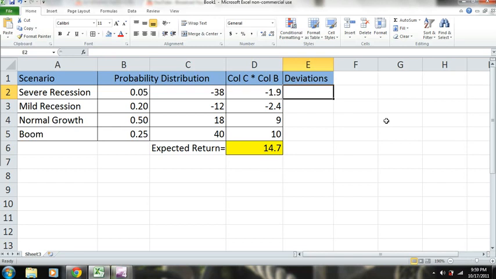It'd be pretty stable, low risk, but that's not the case. There is risk, there is volatility. There's hills and valleys while earning that 14.7%. The way we calculate our deviation is we subtract the expected return from each scenario's return.